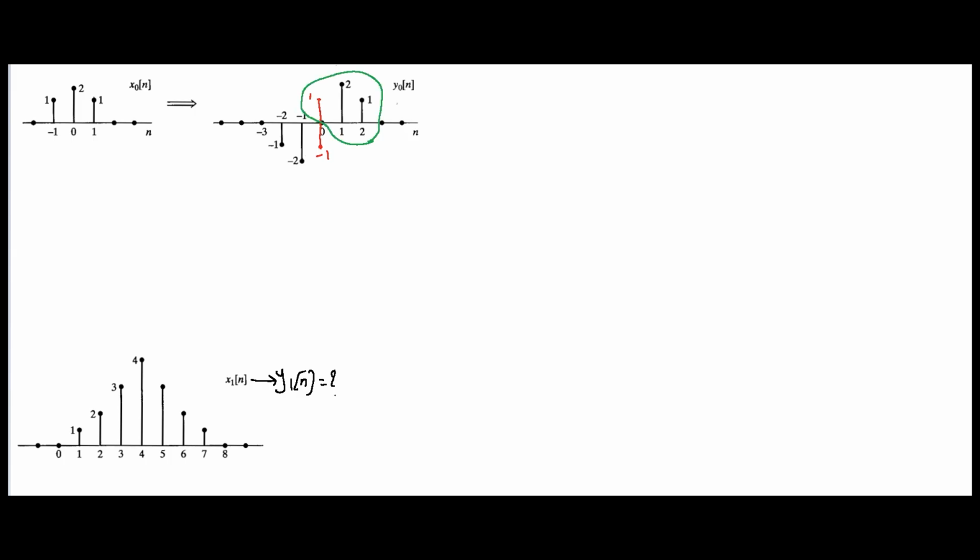Because if we compare this expression with x0[n], we can see that the first part is simply x0[n] shifted 1 sample to the right. In other words, it is x0[n-1].